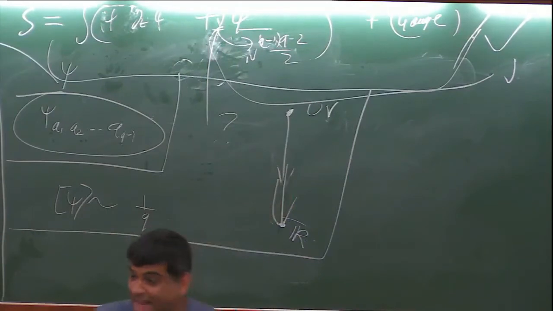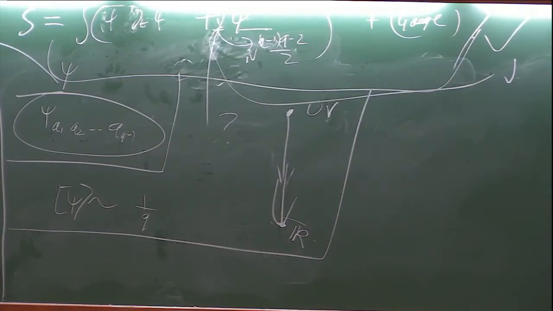Now I'm switching attention to finite temperature physics. We're doing it in Euclidean space, we've got a thermal circle, and every time I say deep IR, that's the same as going to very low temperatures, so as a function of beta J, as beta goes to infinity.